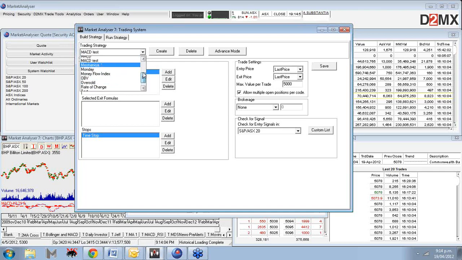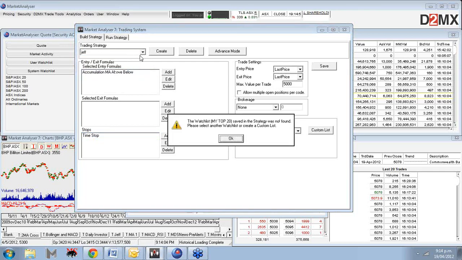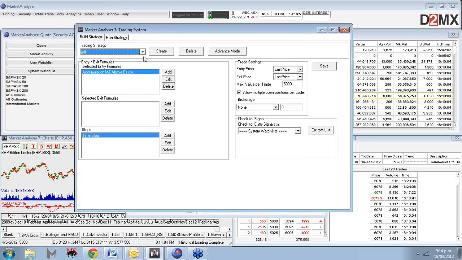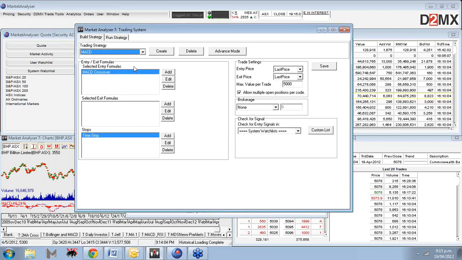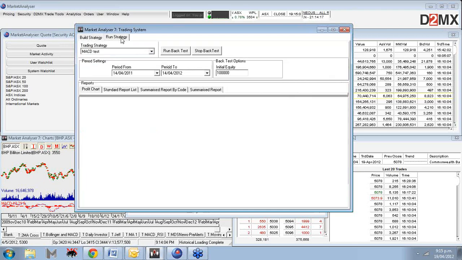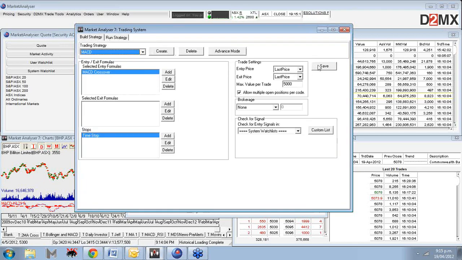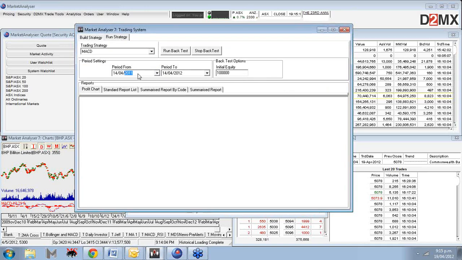Come up. Oops. There we are. Okay, so the MACD that we're looking at here, and we go through, save that, run the strategy, run it for 2011. Just shorten up the time so we get some results.